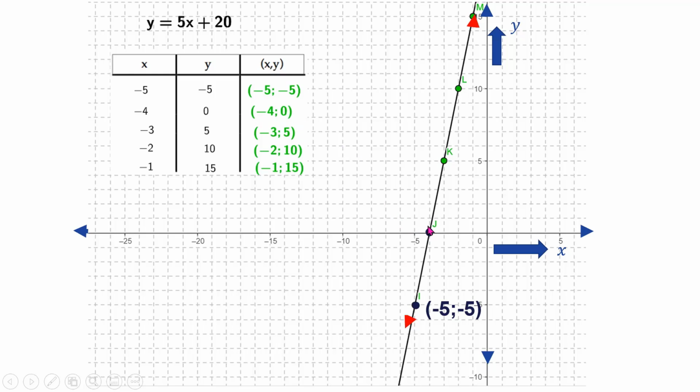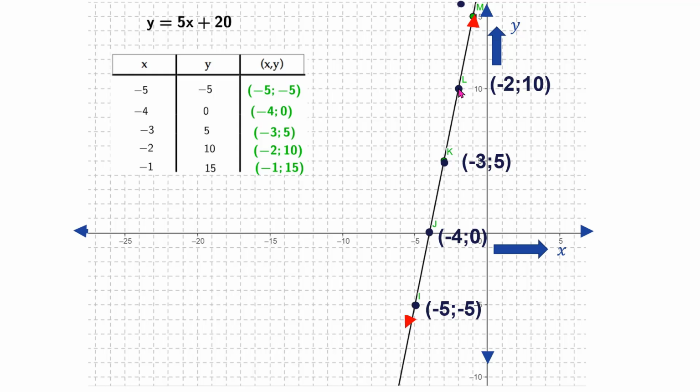Our next point would be -3; 5. Let's see. So on our x-axis, -3, on our y-axis, 5. And where the two meet, that's our point. Then the next one, -2; 10. Let's see. -2 on the x-axis, and then we go 10 up along the y-axis, and that's our point.